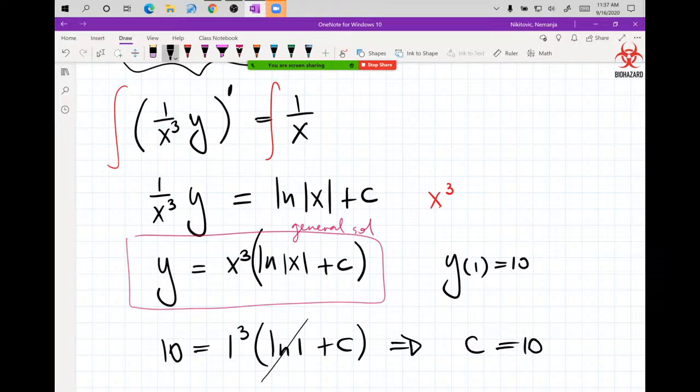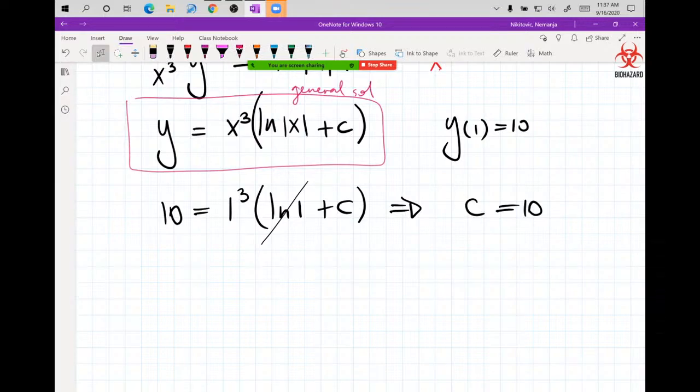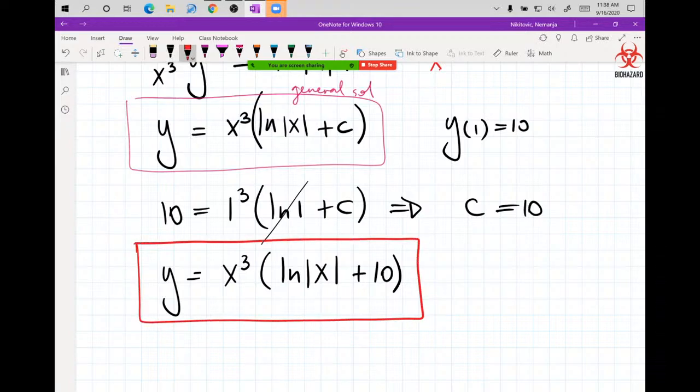Because ln 1 is 0, c times 1, which 1 cubed is 1, c times 1 is c, and there you go. So our solution is y equals x cubed ln x plus 10. And that would be the particular solution, which is the solution to the problem. And that's the way you use an integrating factor to solve problems.